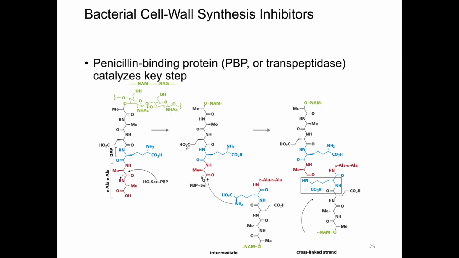Okay, we'll start off with cell wall synthesis inhibitors. The penicillin binding protein, or the transpeptidase, is responsible for catalyzing this particular reaction.